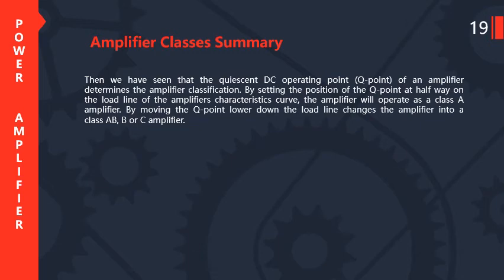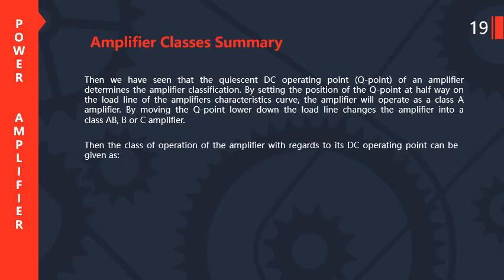The amplifier will operate as a class A amplifier, and by moving the Q point lower down the load line, we change the amplifier into a class AB, B or C amplifier. Then the class of the operation of the amplifier with regard to its DC operating point can be given as amplifier classes and the efficiency.